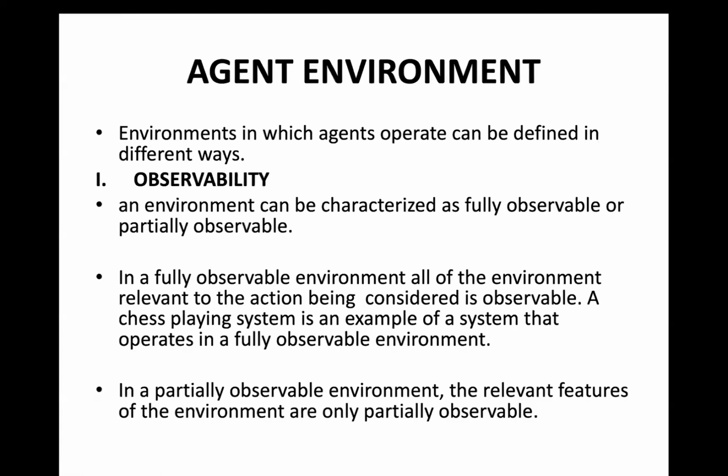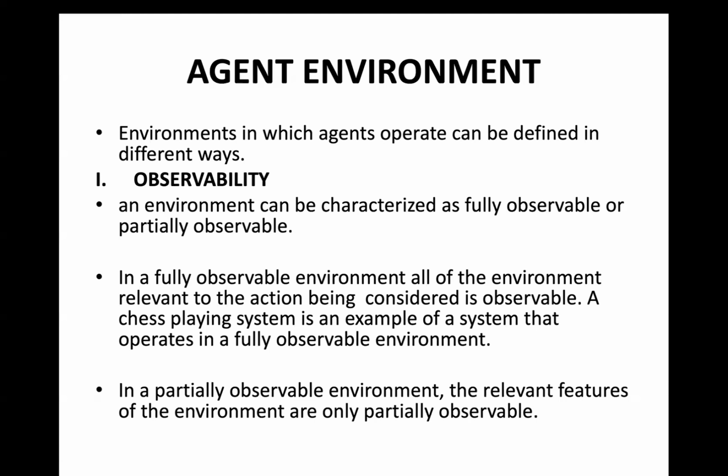Now, let's talk quickly about the environment where the agent will work. In talking about the environment, we can discuss it from a number of aspects or perspectives. The first one is observability.